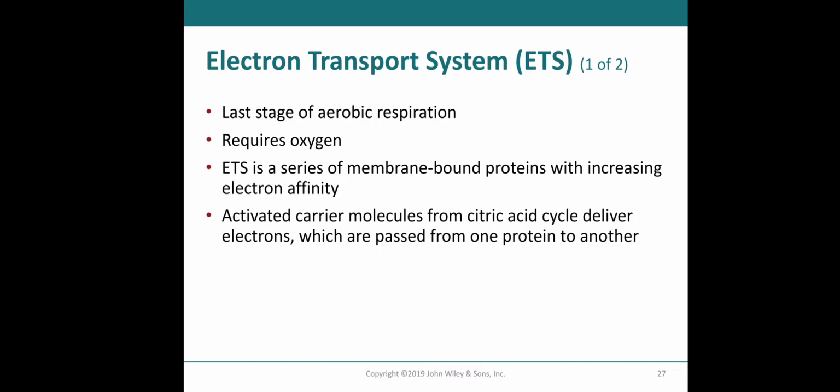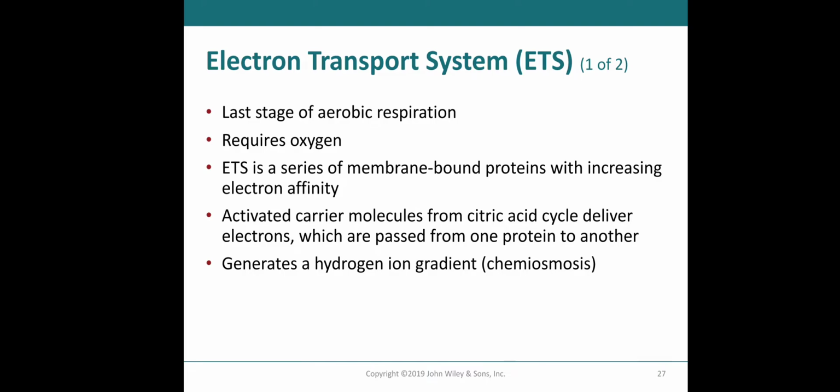So what are these activated carrier molecules? These are the NADH. This delivery of electrons, they first deliver the electrons to the first receiving protein in the electron transport chain. Some people call it the electron transport chain because it's basically a chain. So you have a set of proteins passing electrons one after another.